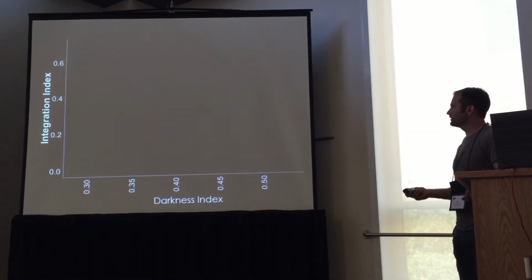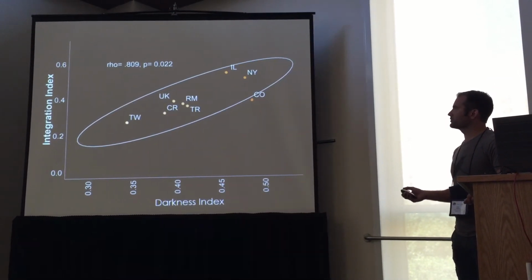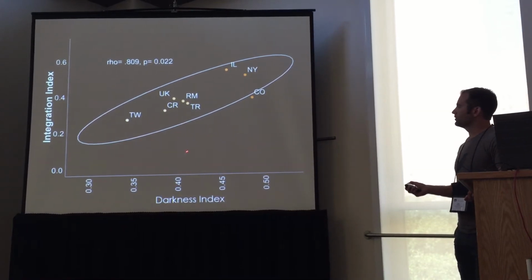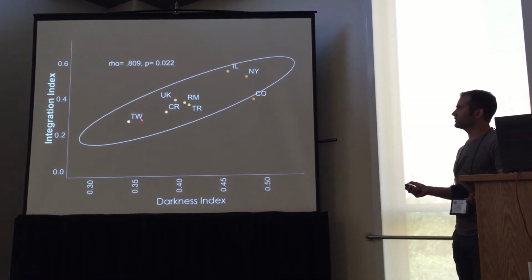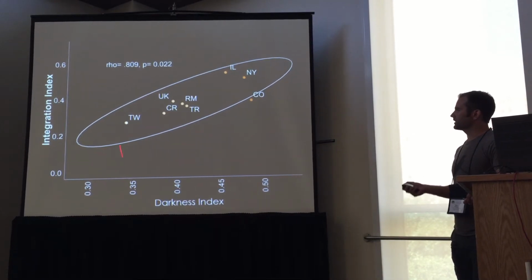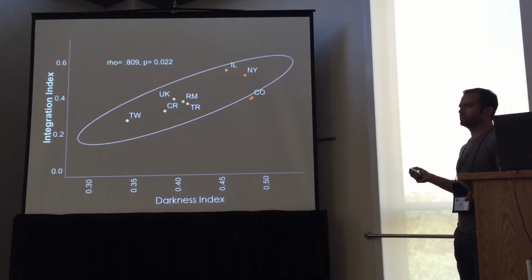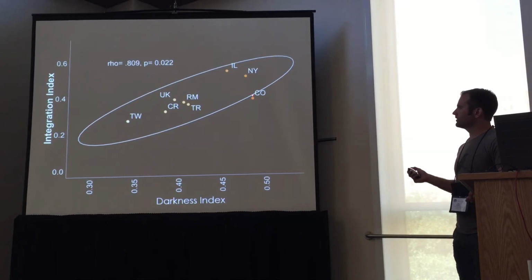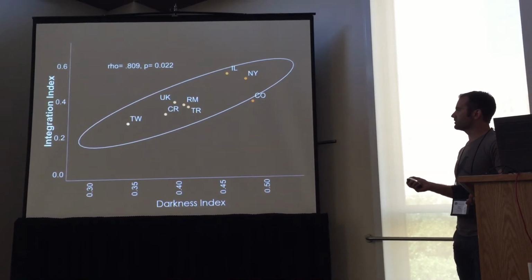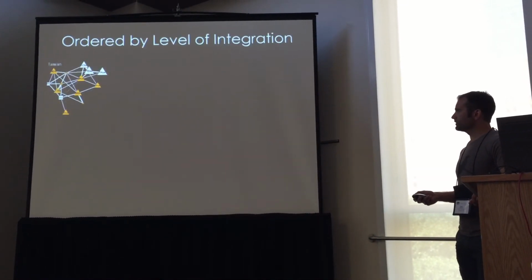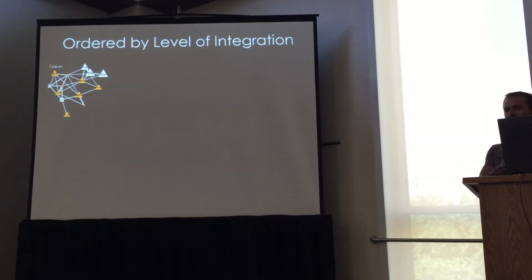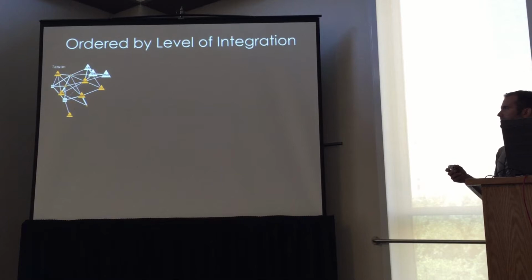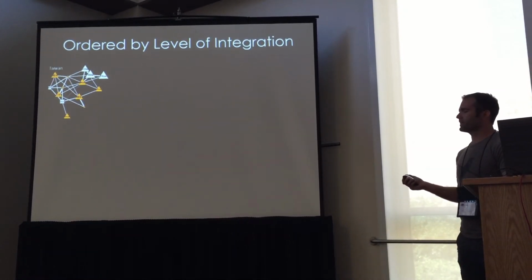So what do we find? We found a really strong positive correlation. These points are color-coded, so Taiwan is the lightest colored on our darkness index, and the three darkest subspecies have the highest integration index. Another way to look at this is by ordering: the networks were previously ordered west to east, so now we'll order them by the amount of integration.